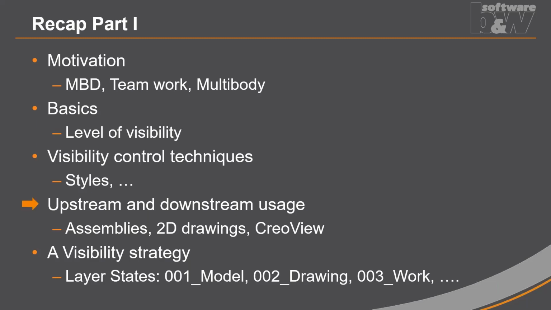We had a little section about upstream and downstream usage like assemblies, 2D drawings, and Creo View. And finally, I showed what my personal visibility strategy is and showed how my model looks with the different layer states.